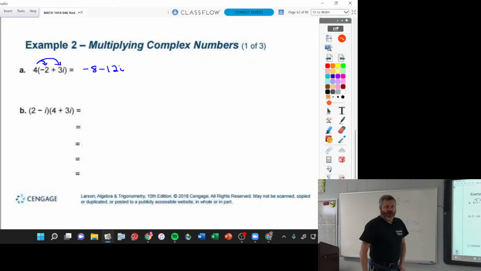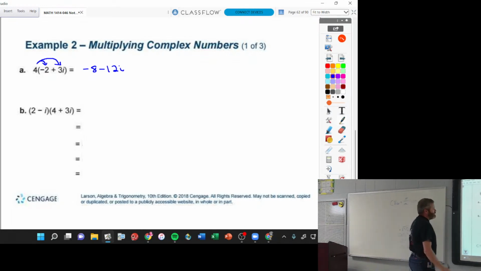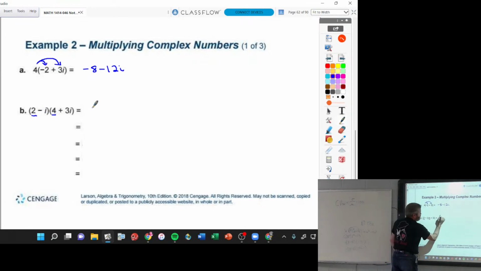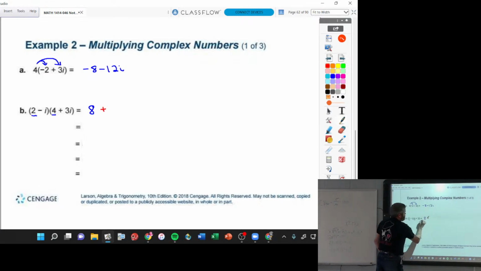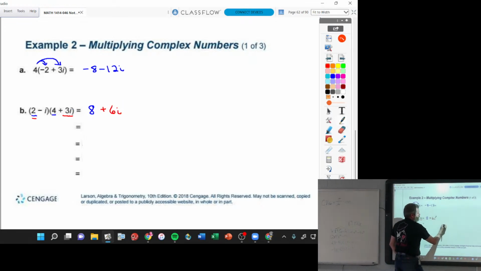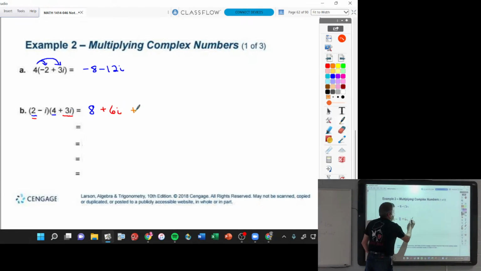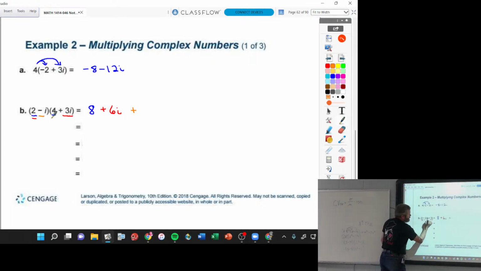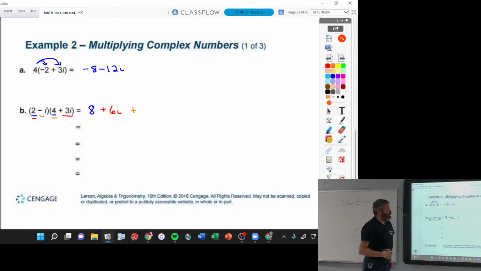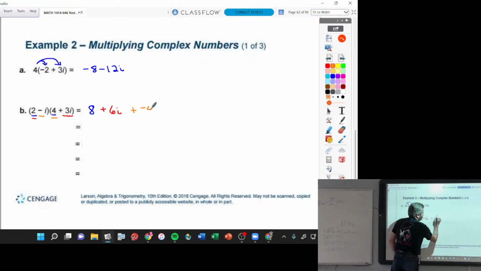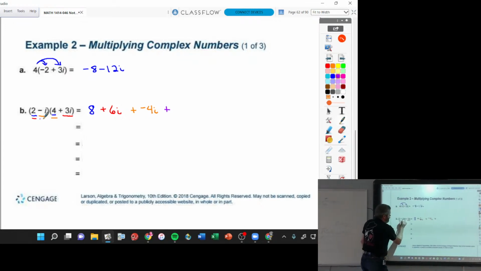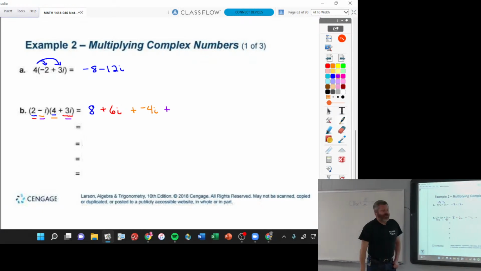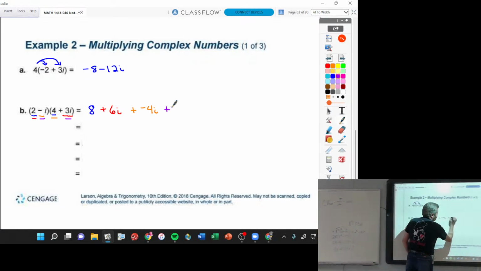Part B, that's a binomial times a binomial, so I will go ahead and FOIL this. First times first is 8, plus outside times outside would be 6i, plus inside times inside, that would be negative i times 4, negative 4i, plus last times last, that would be negative i times 3i, or negative 3i squared.